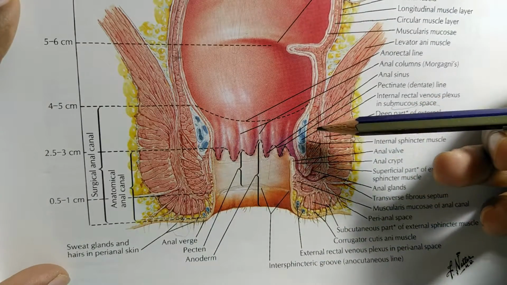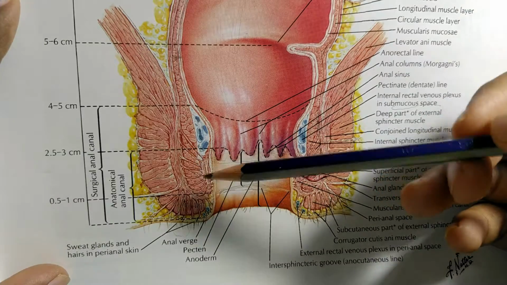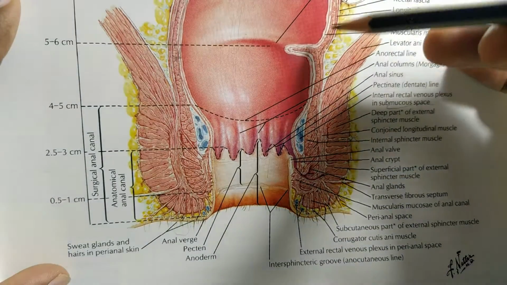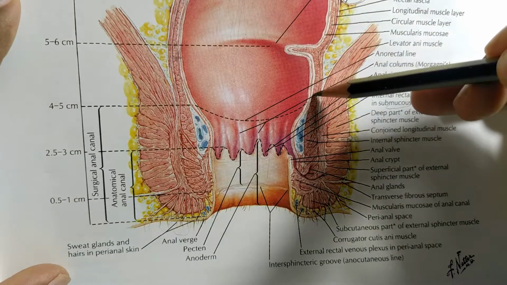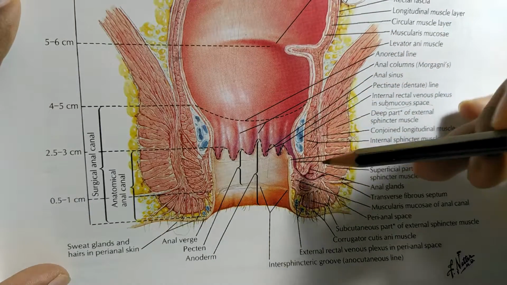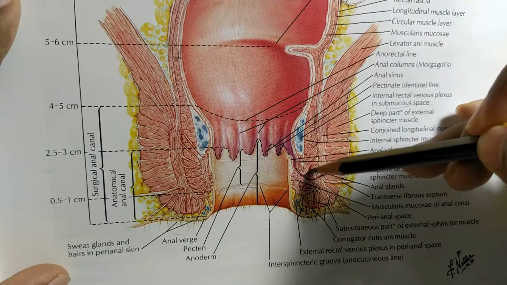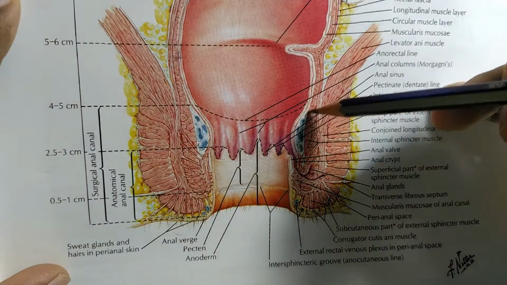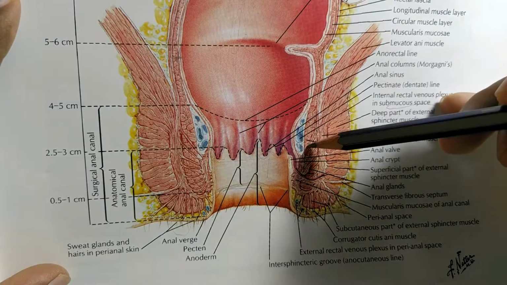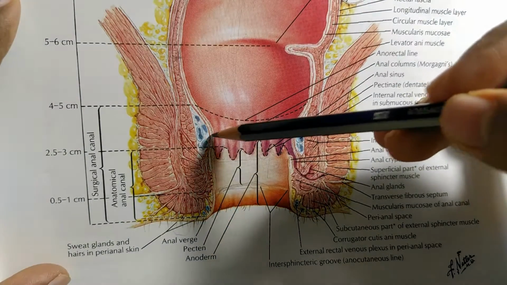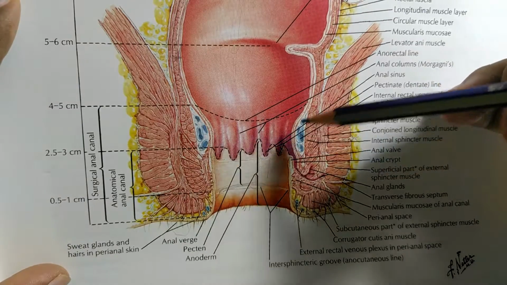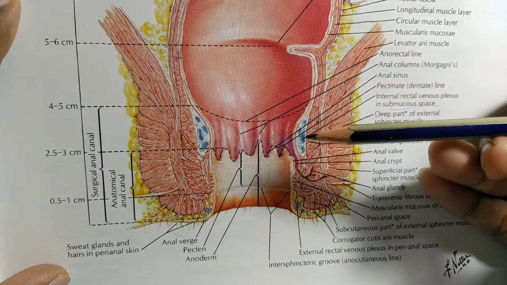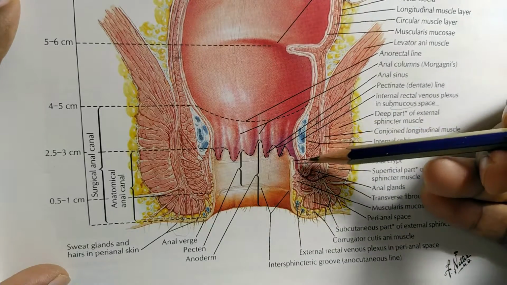So this anal valve will be controlled by the internal anal sphincter. You can see the circular muscles of the rectum come directly downwards and make this sphincter powerful. So this is the internal anal sphincter. It will act upon the anal valve and prevent the flatus and the fluid.